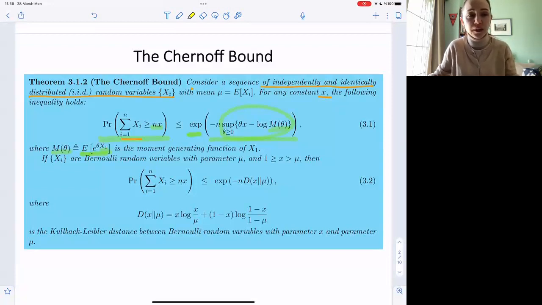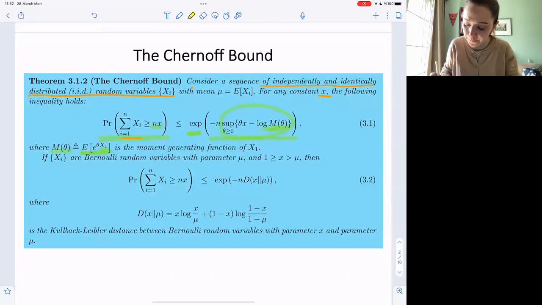This moment generating function changes the domain. Why is it useful? Because, very roughly speaking, it converts convolutions to multiplications, etc.